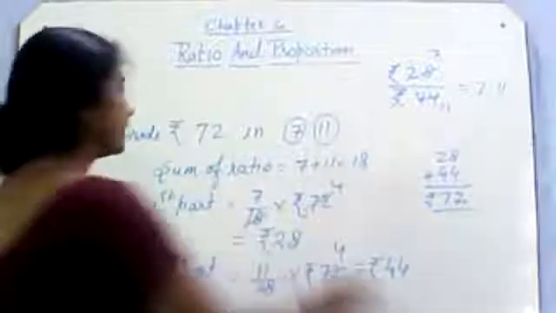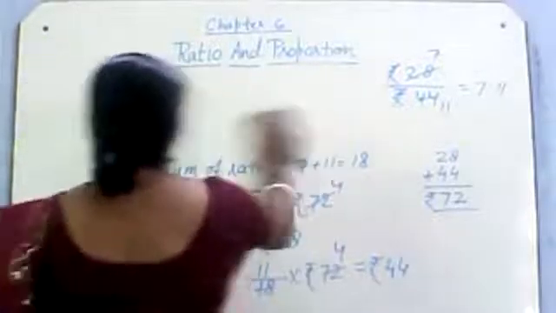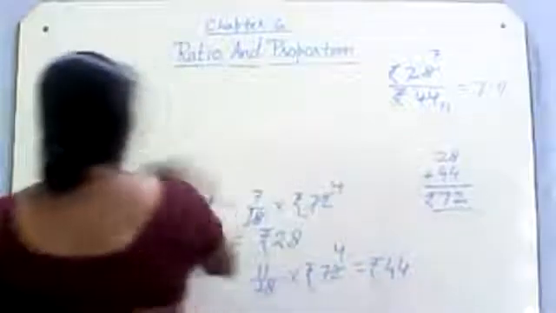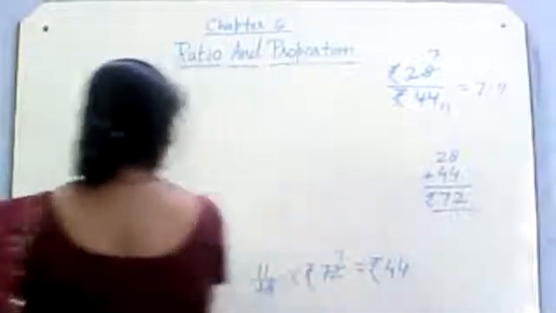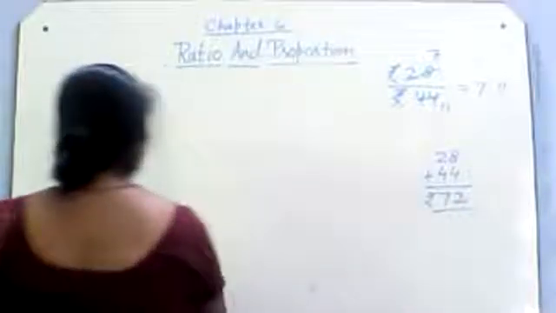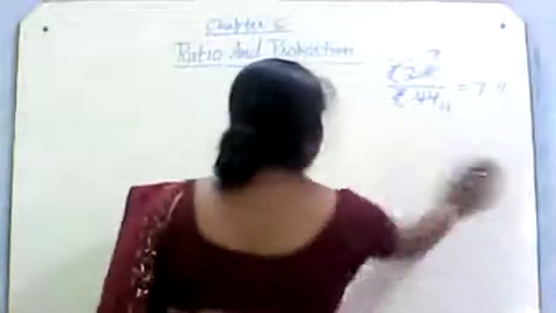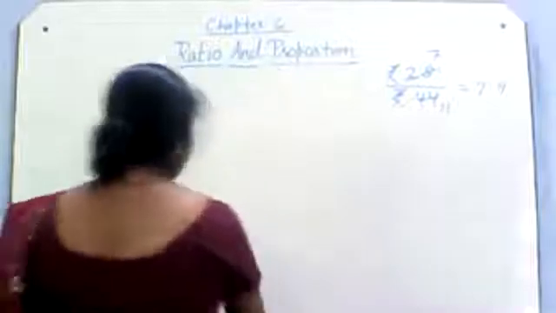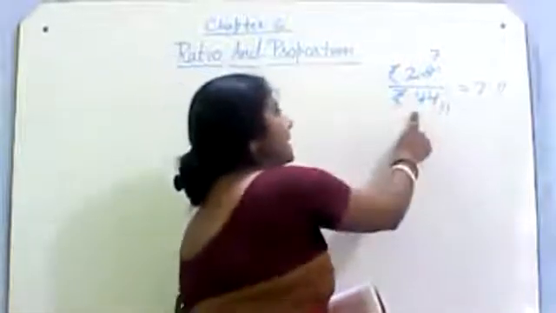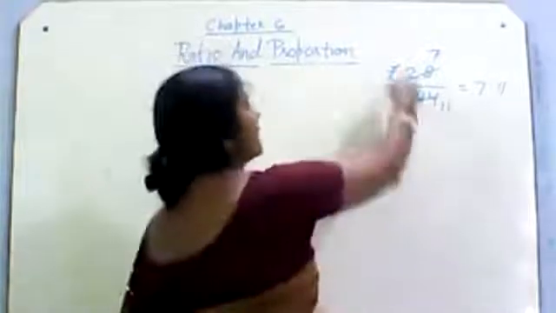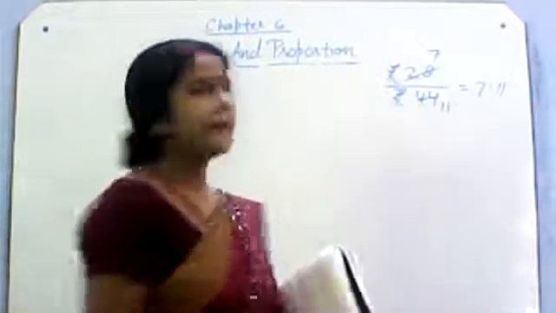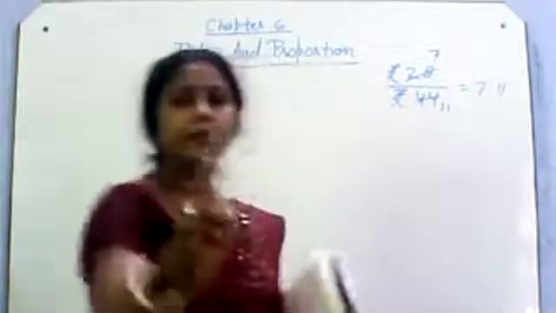Before starting, one more thing I want to tell, that ratio has no unit. Just now I have told that, see here, rupees 28 divided by rupees 44. So unit rupees will cancel. And in ratio only two numbers are there.